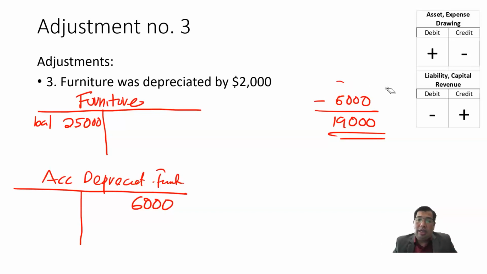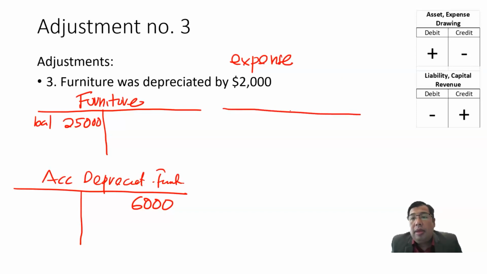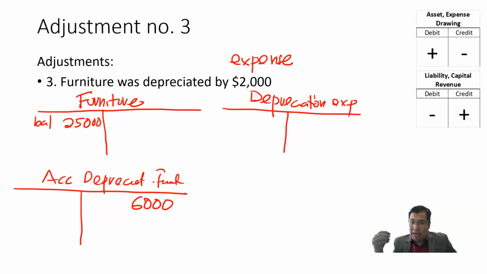So in this question, it says that for this year, we are going to depreciate the value some more, that is by 2,000. So this will be your expense. So I'm creating a new account. I call it depreciation expense. This is our expense for this year. How much is going to be the depreciation for this year? The depreciation for this year will be 2,000.